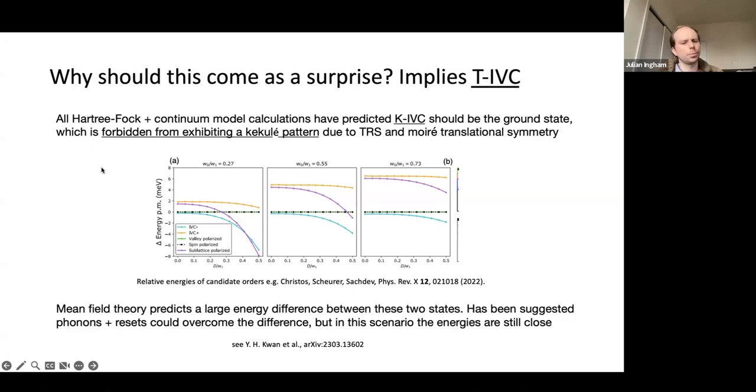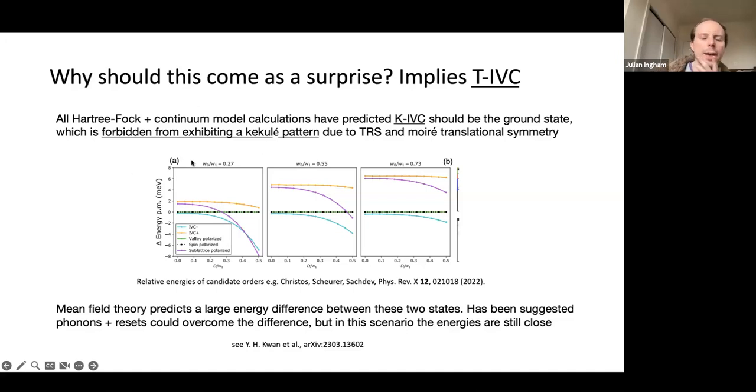So all previous theoretical calculations involving Hartree-Fock plus the continuum model, or a bunch of other methods like DMRG, essentially said that TIVC is the worst possible ground state, the least favored thing, and that KIVC should be the preferred order at half filling.